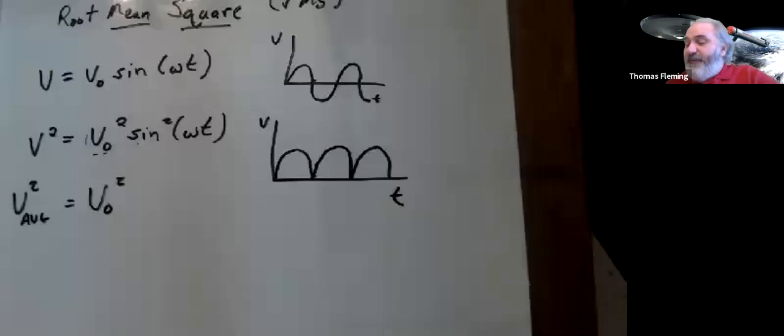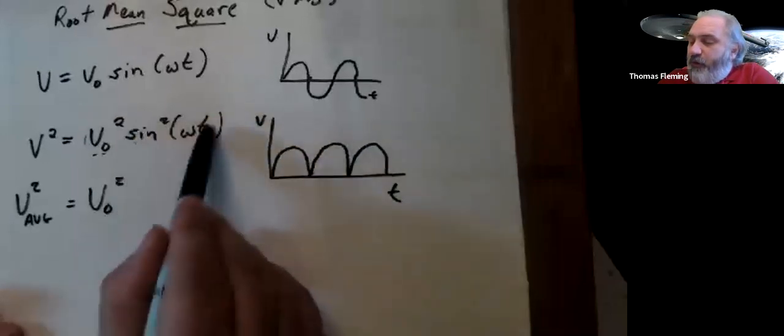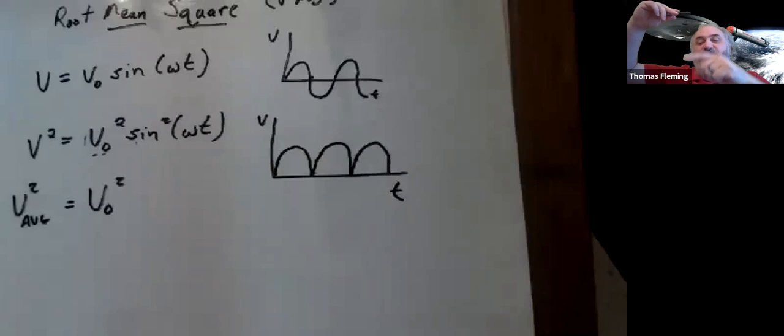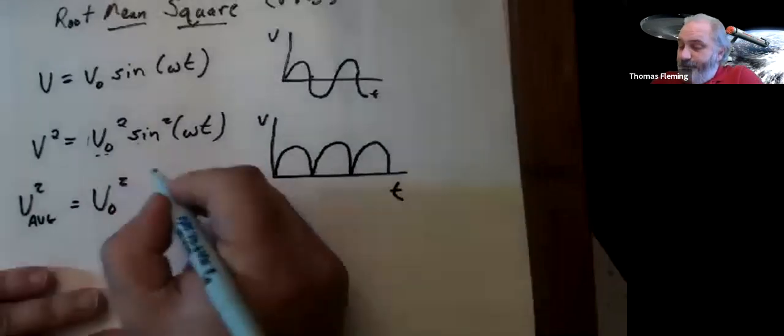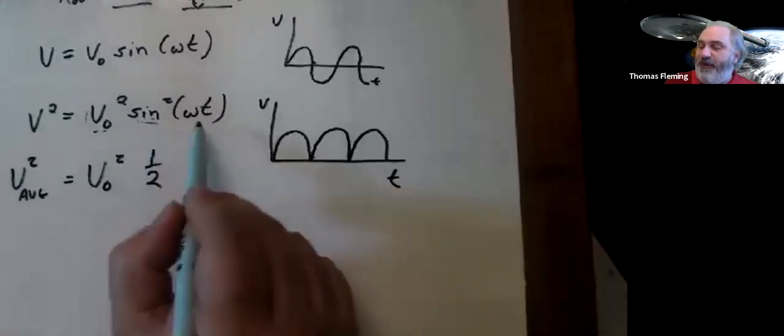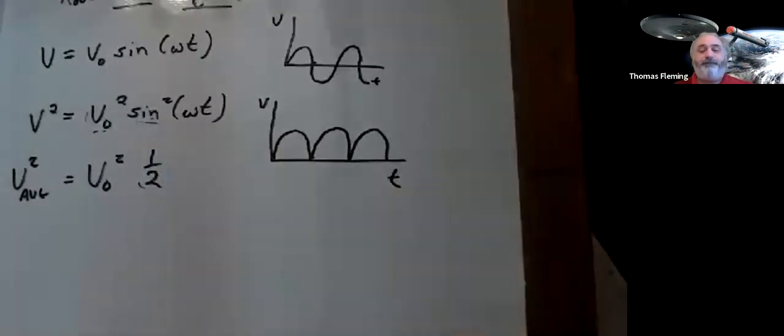So the sine squared goes from 0 to 1. If I take the average of it, it's going to spend just as much time above 1/2 as it does below 1/2. So the average of the sine squared is 1/2. That was easy. So I took the average over time and I get 1/2.